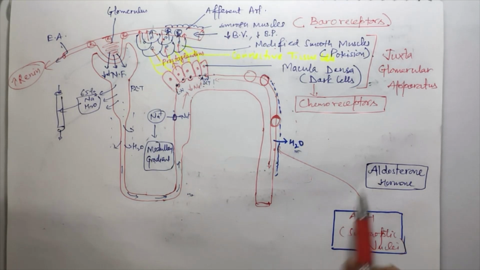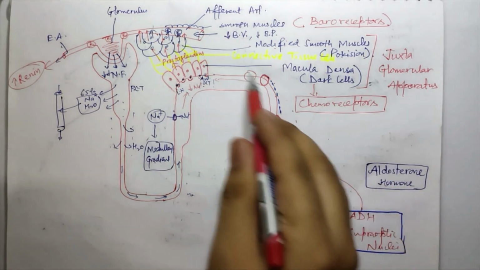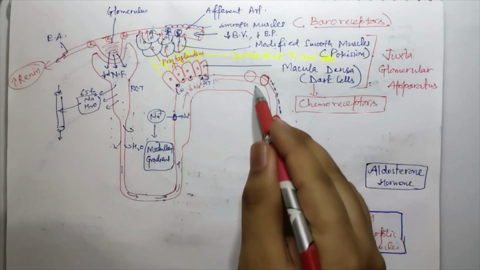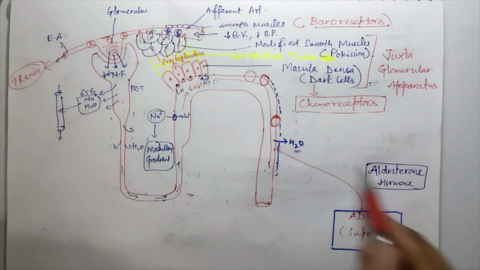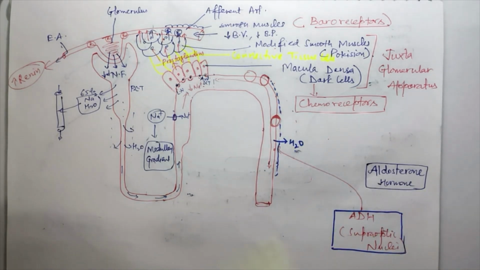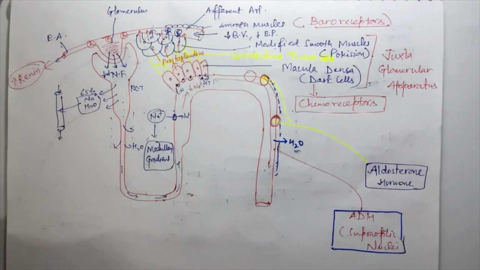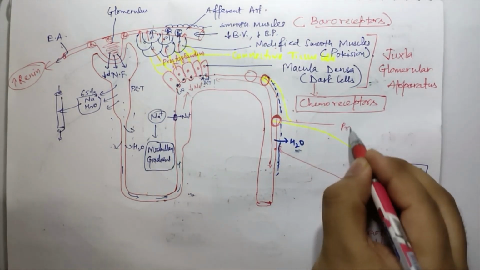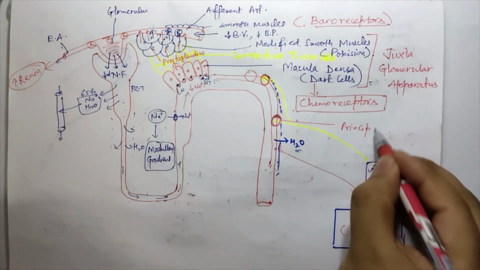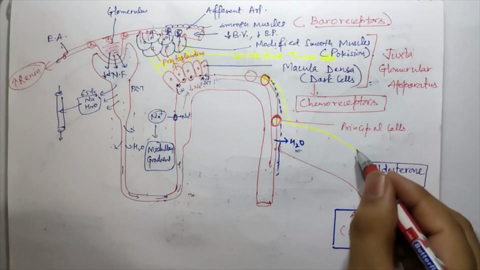The distal convoluted tubule has specific cell types which are responsive to the aldosterone hormone, and these cell types are basically called principal cells.